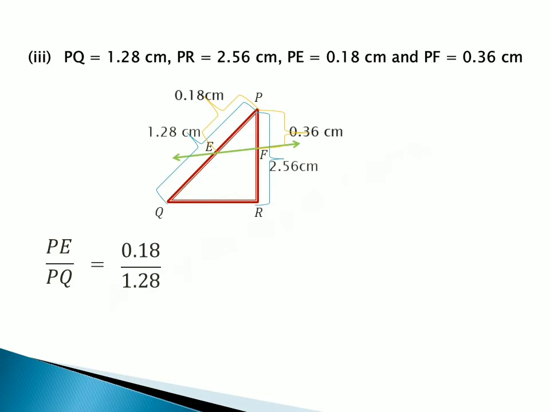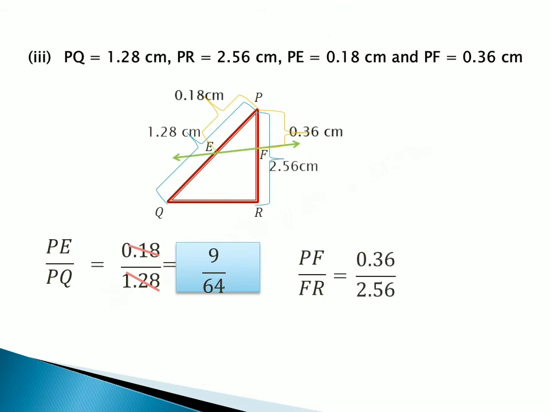0.18 by 1.28. Here also very easy because two decimal points are there. Both get cancelled by 2. 2 9s are 18, 2 64s are 128. So 9 by 64. On this side, PF by PR is equal to 0.36 by 2.56.